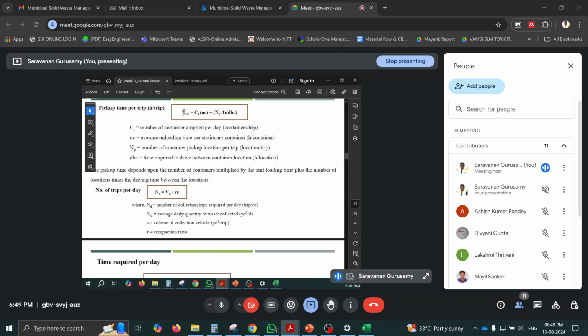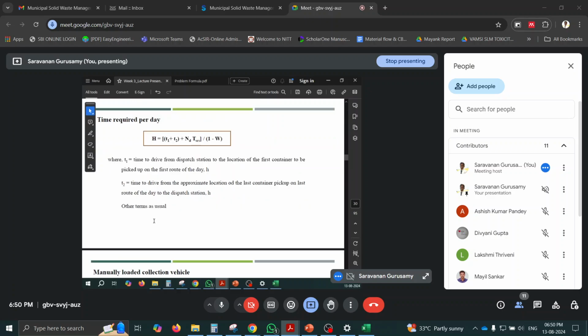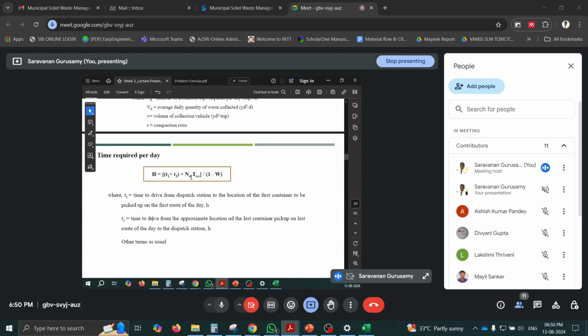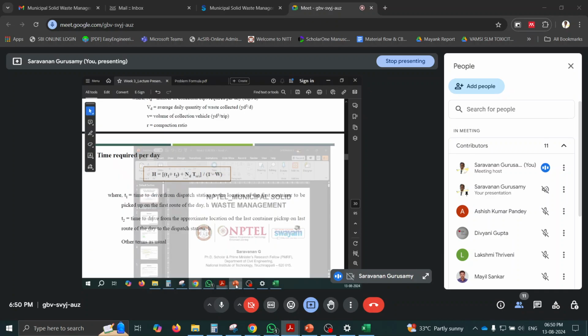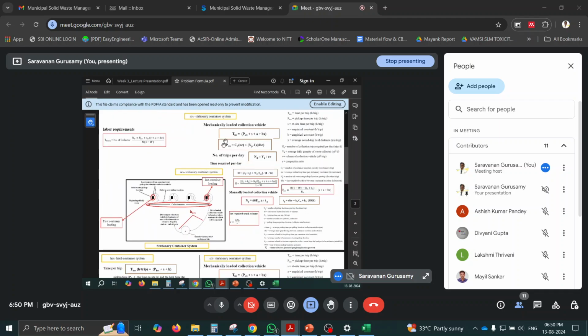That is TSCS into ND, the whole divided by 1 minus W, will give you the time required per day. Then you can calculate how many manpower we need to use. This is the same formula, we are just modifying the places. So I'll show you that whole sheet for the stationary container system. So here you can see.